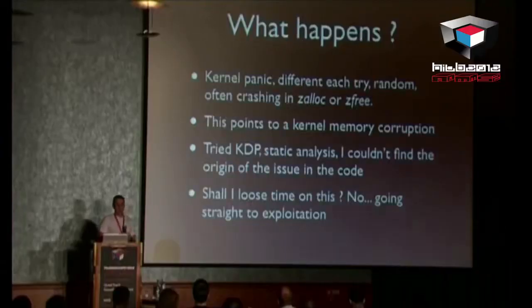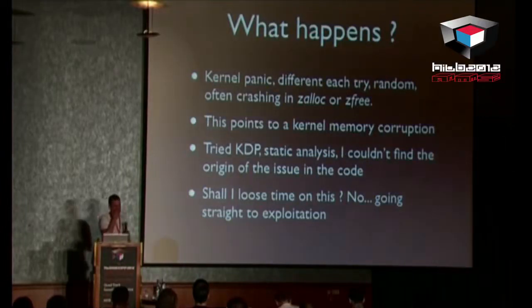So what does it mean, in fact? I also reversed the stack trace a little, and I saw that it happened a lot in zalloc and zfree. So it has something to do with the heap, something like a memory corruption somehow.